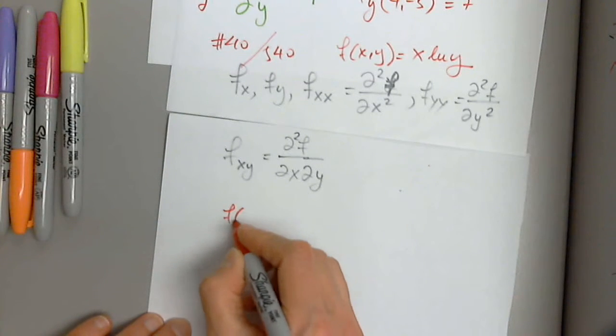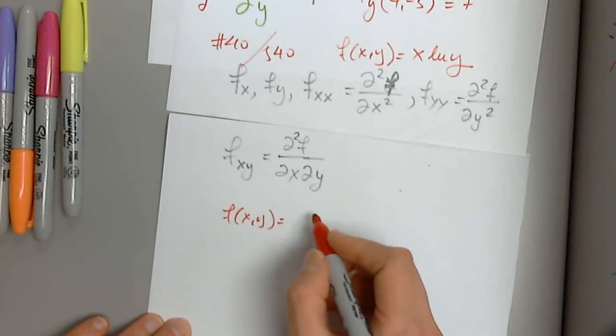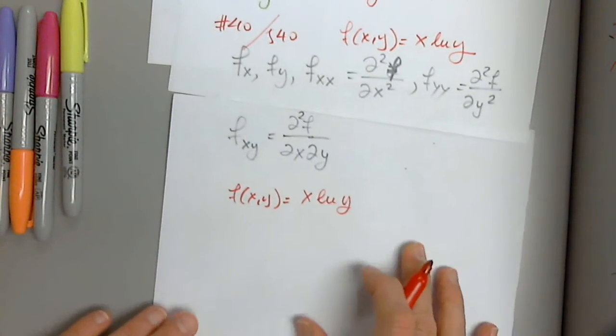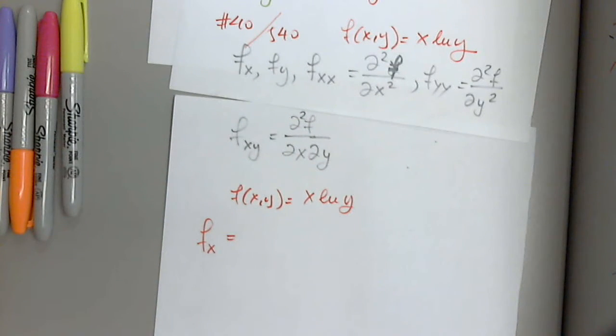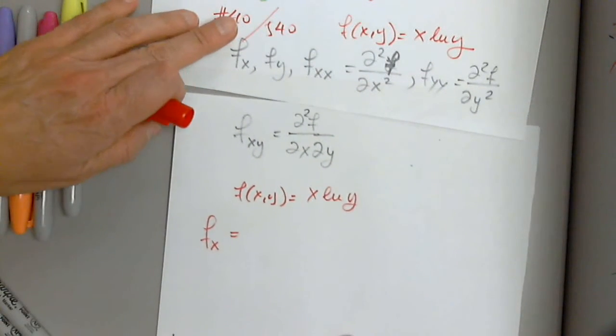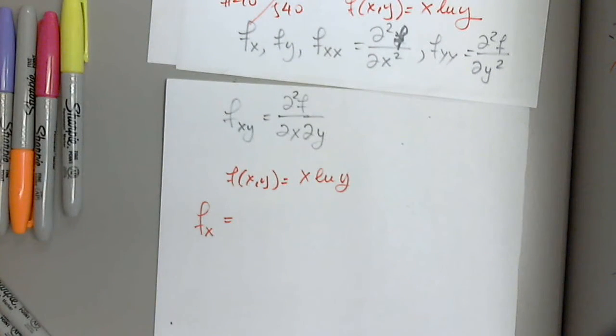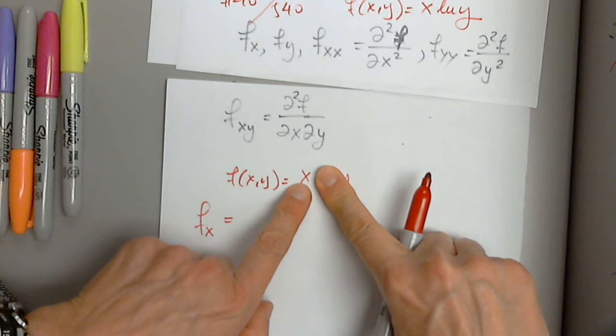So f of xy equals x natural log y. Let's find fx first. We are differentiating the function with respect to x only. What is the answer? So this is a constant times x.